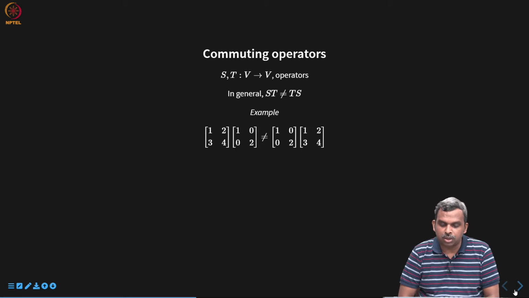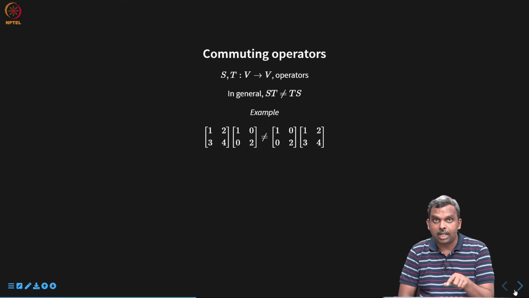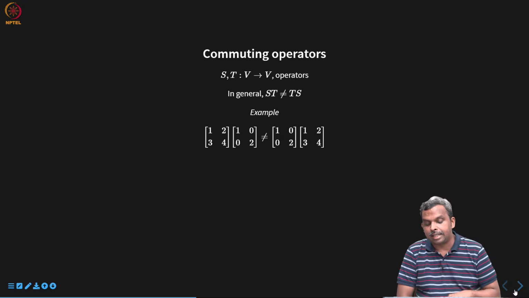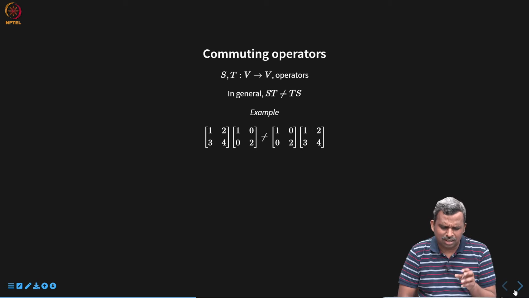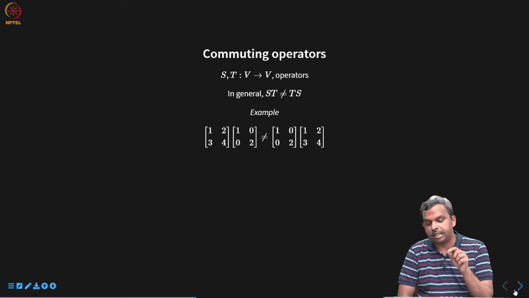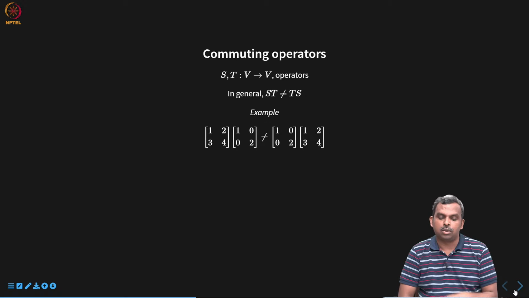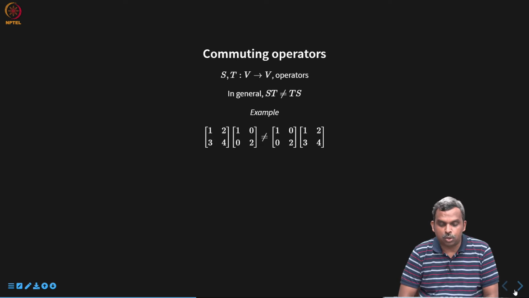You can do the multiplication and check. For instance, take the 2,1 entry, the bottom left entry. On the left hand side it will end up being 3, and the bottom left entry on the right hand side will be 6. So these two are not equal, so the matrices don't commute.